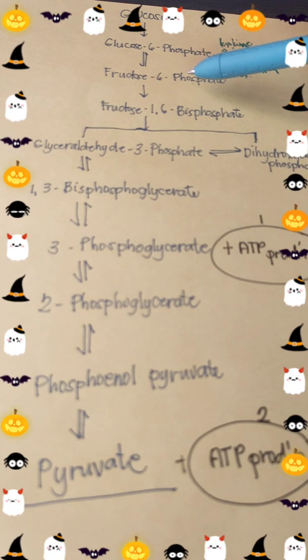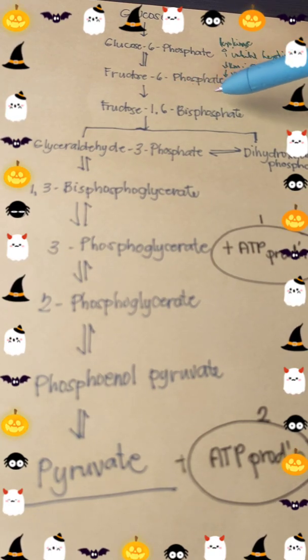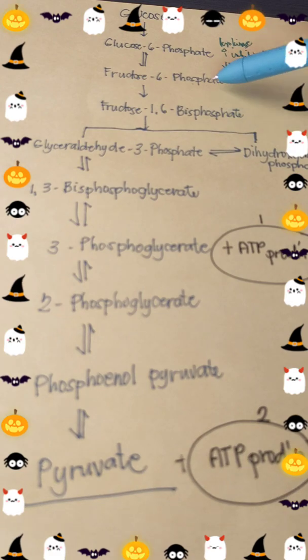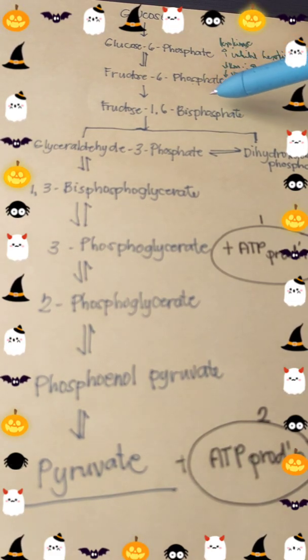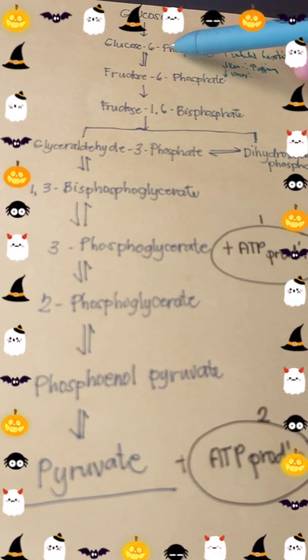And then your fructose 6-phosphate will become your fructose 1,6-bisphosphate. And this is actually a form of, sorry naman po, this is a form of your phosphorylation. So, from glucose to G6P, ano to? Phosphorylation.